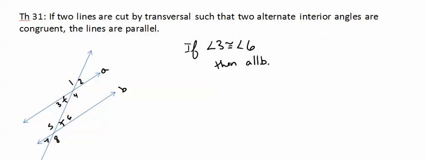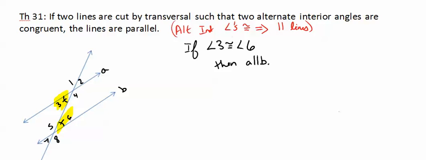If we're given in this case, angle 3 is congruent to angle 6, since they are alternate interior angles, you can see that here and here, then that would conclude that line A is parallel to line B. We can shorthand this by using: alternate interior angles that are congruent imply parallel lines.